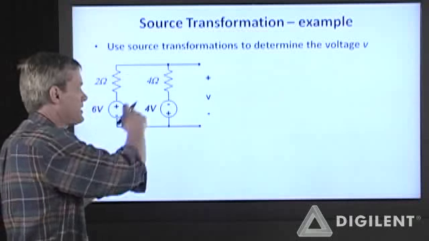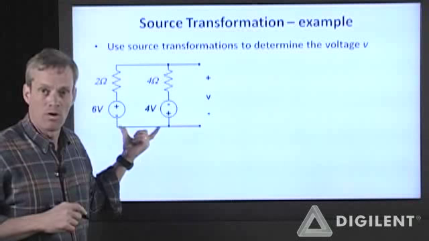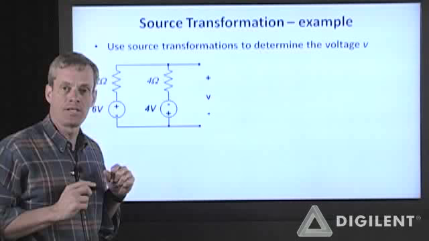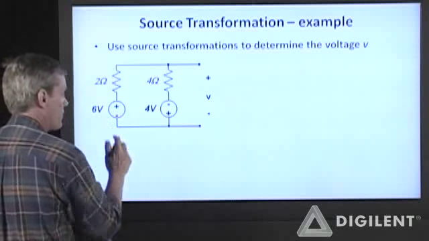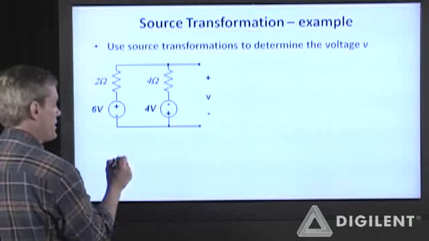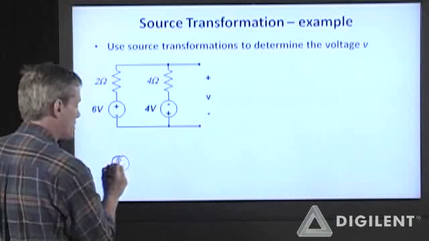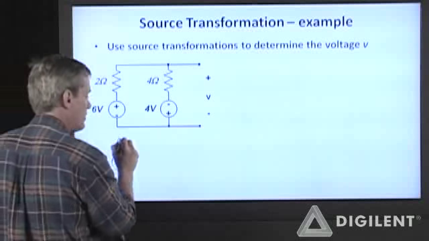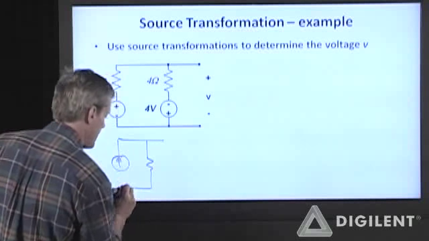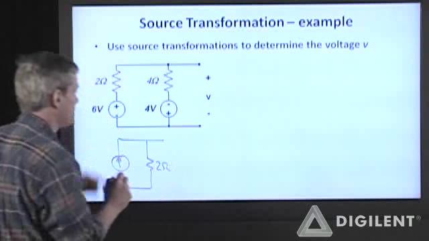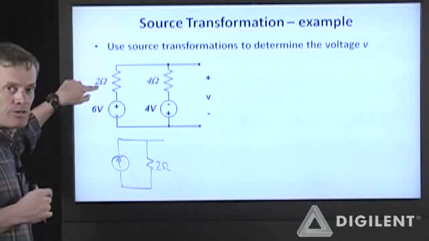Let me replace these voltage sources with current sources in parallel with resistances. So this circuit here will become a current source in parallel with the same resistance. I still have my 2 ohm resistor here, it just moves in parallel with the current source.